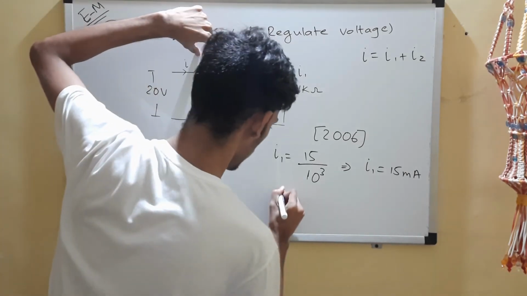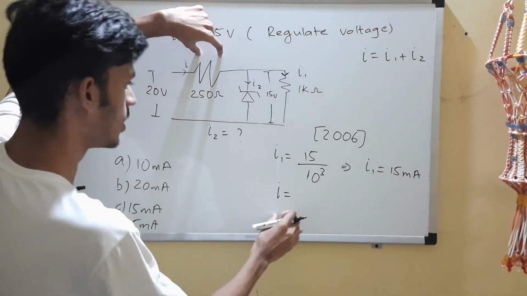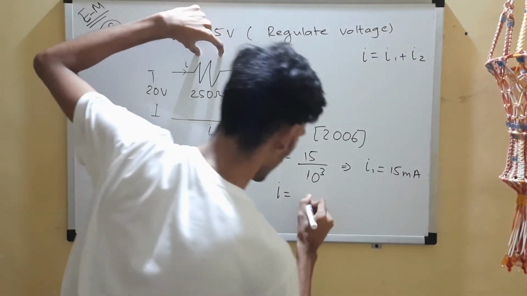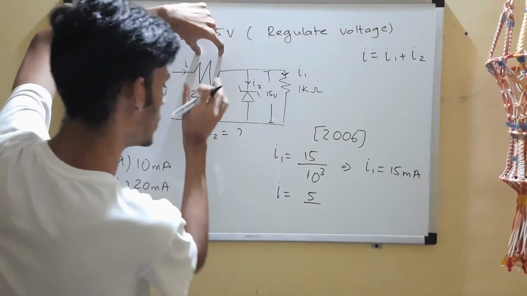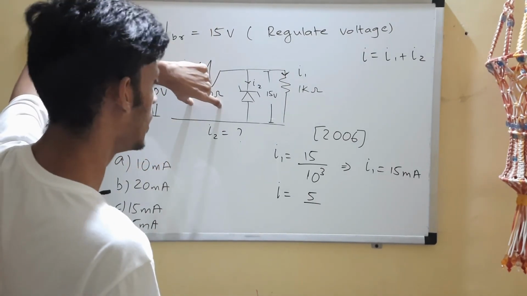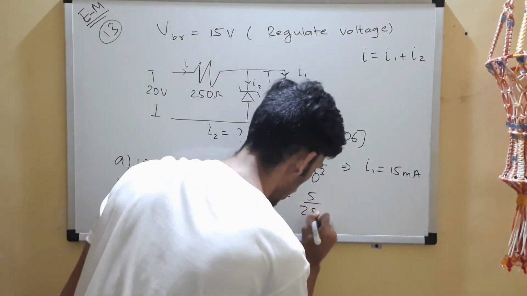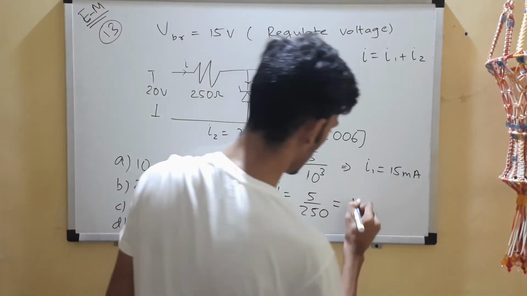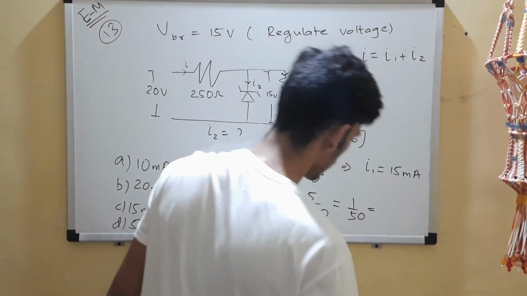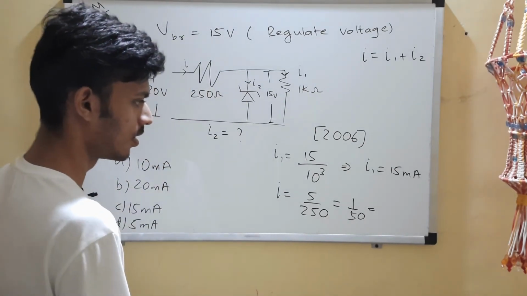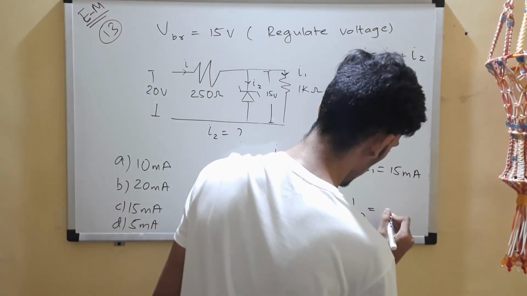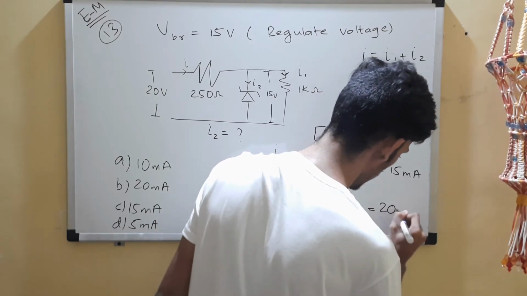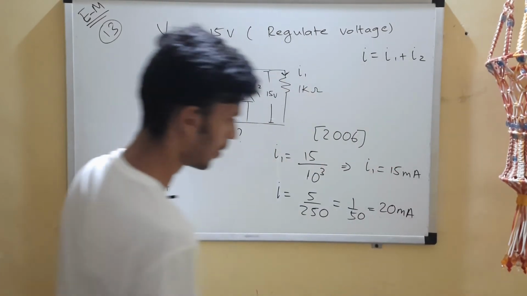So we can find the total current by saying I is equal to V by R again. Here the voltage drop is 5, divided by 250. So 1 by 50 is 0.02, which I can say as 20 milliamperes.